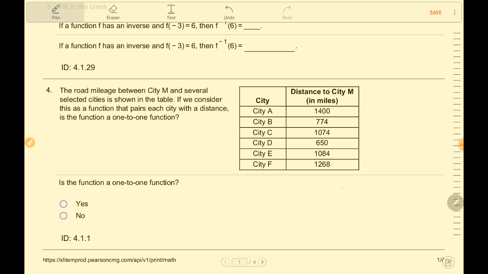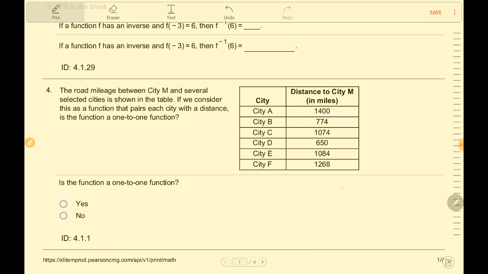Right, so we want to know if going back the other way, if it's monogamous. Like if I know it's 1,400 miles, can I assume we're talking about city A? If it's 774 miles, can I assume we're talking about city B? Or is there more than one city that's exactly 774 miles from M that I would have to choose between?